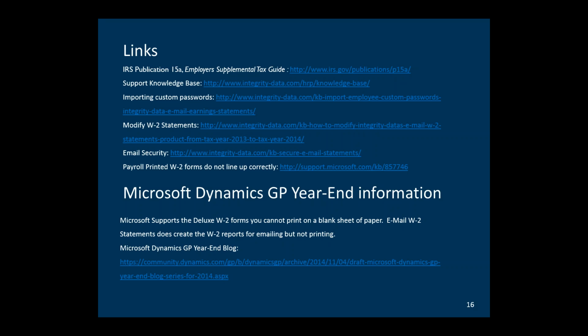And then they can open the file, type in the password, and just print that and then mail that to the employees. It is a little labor intensive to do that. So if you can get the printed forms from Microsoft and go through the printing process with Microsoft, it's probably better for you. But it's an option that's out there, and some of our customers really like to do that.